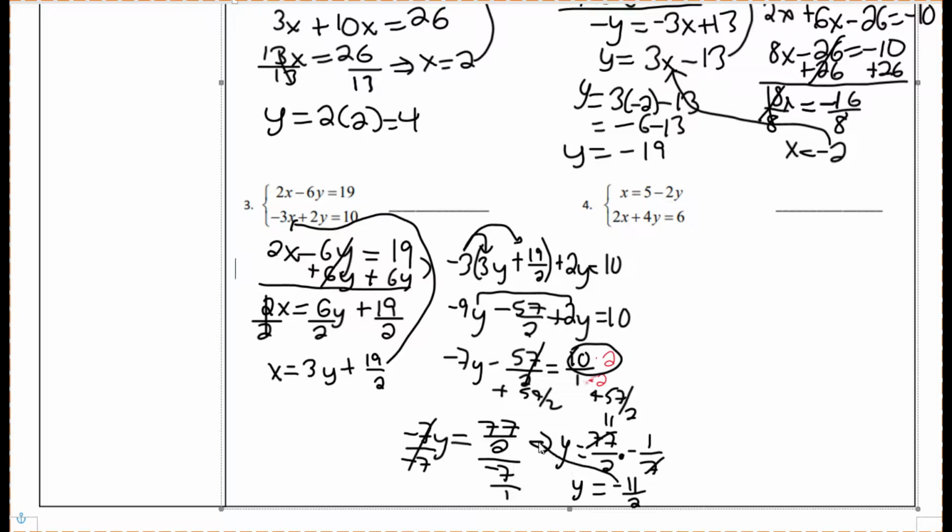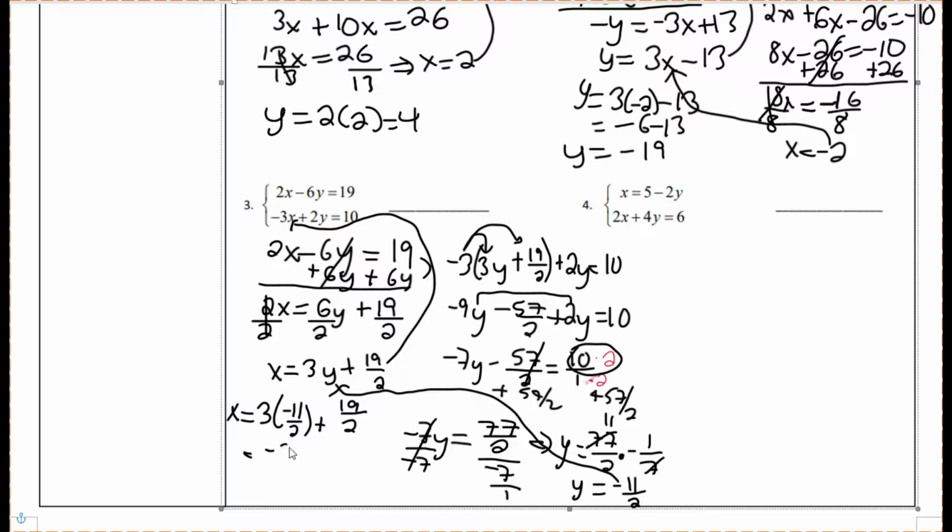We can go ahead and plug it in here and get x. So now we got x is equal to 3 times negative 11 over 2 plus 19 over 2.